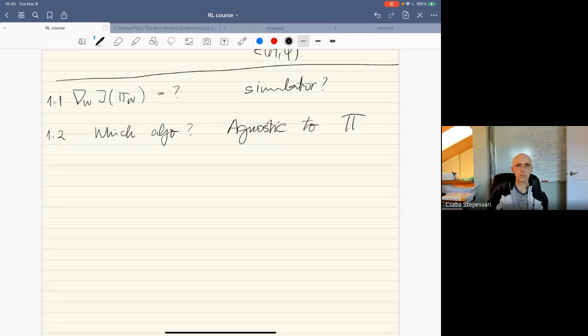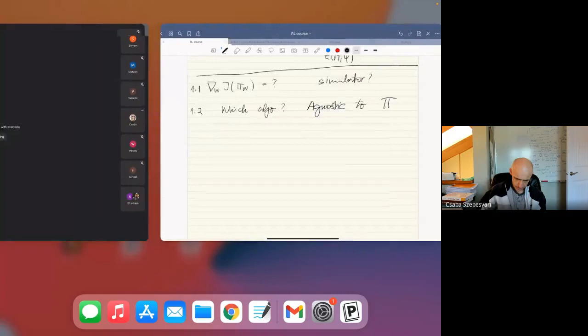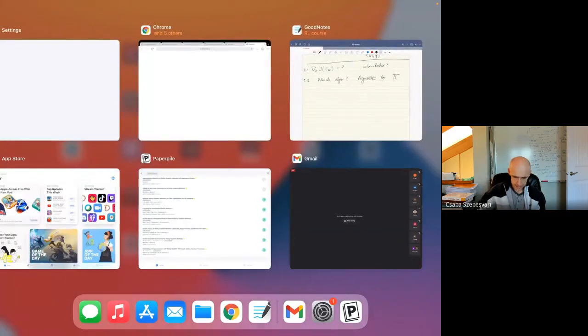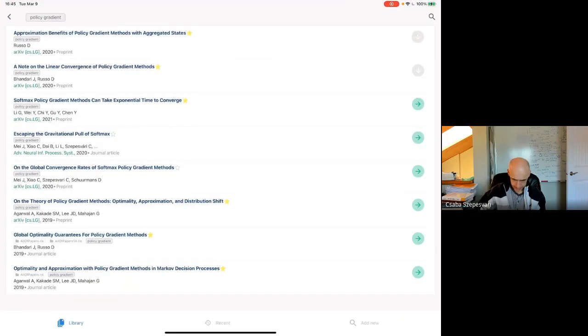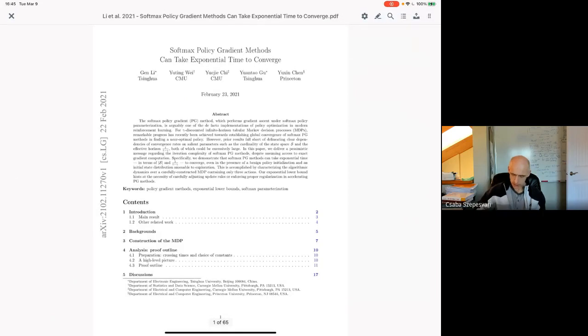All right, so to break this big tension about this question, I will bring up one recent result that we discussed a little bit on Slack. This paper is "Softmax policy gradient methods can take exponential time to converge."